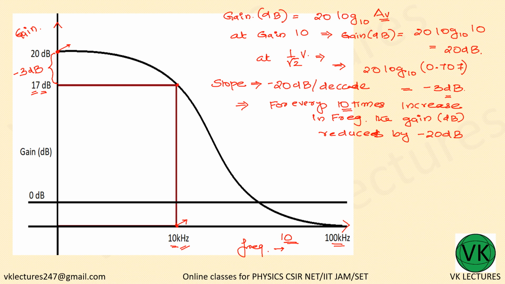So from point A to point B, there is a frequency increase of 10 times, while there is a reduction of 20 decibel from 17 decibel. So 17 minus 20 decibel is equal to minus 3 decibel. That means when the frequency reaches 100 kilohertz, the gain reduces to minus 3 decibel.